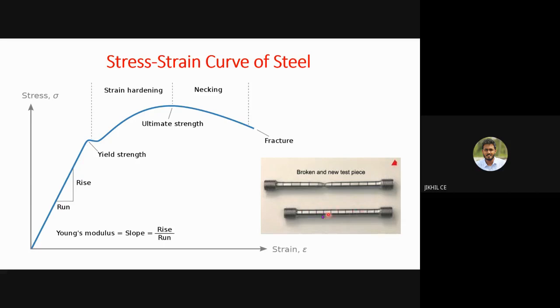This was the initial steel rod, and on the application of tensile force, it will keep on elongating. You can compare on the right side. It elongated by this much displacement, and after the ultimate strength is reached, it will start necking. This is called necking, the start of failure, and then it will go to the fracture mode.